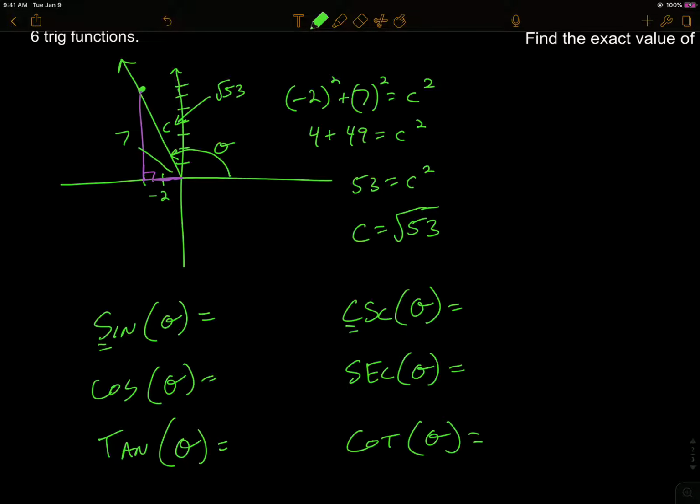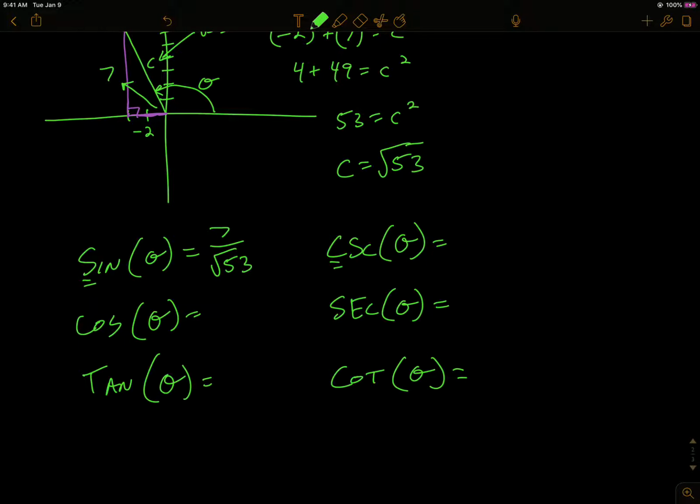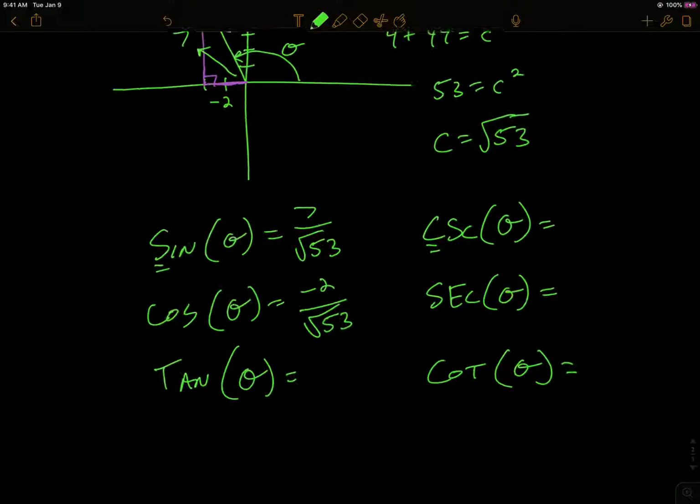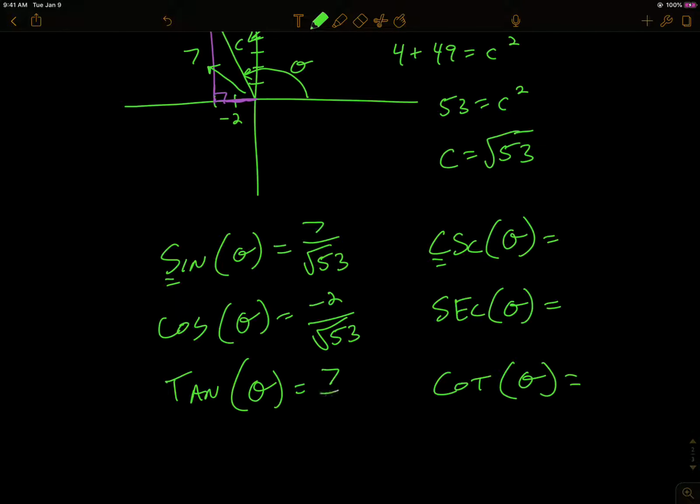So the side opposite the central angle is 7. The hypotenuse is root 53. Cosine of theta is adjacent over hypotenuse, so negative 2 over root 53. And then tangent is opposite 7 over adjacent, negative 2.